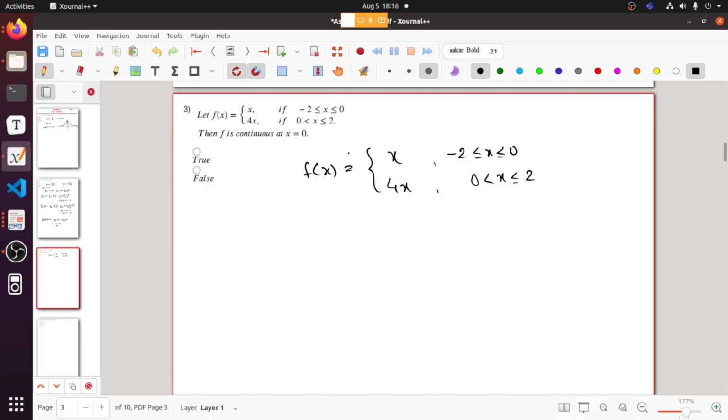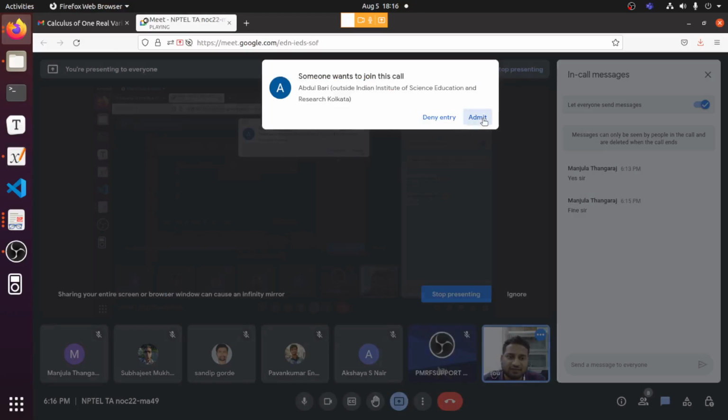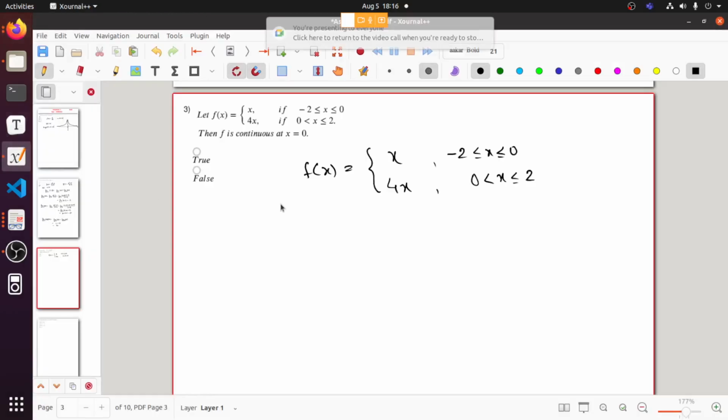You can a priori see that if x comes from the left hand side of 0, it will give the value 0, right? Because on the left hand side it is x, and on the right it is 4x. What does the curve look like if you draw it?